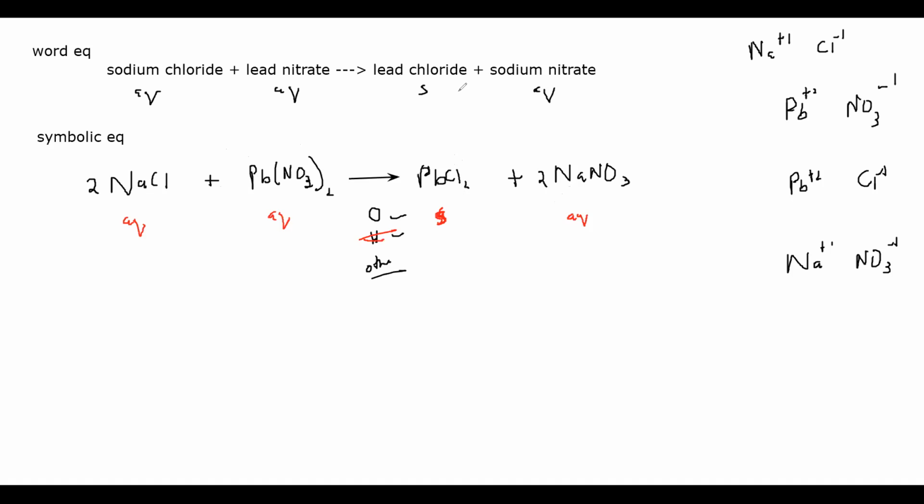Now, after writing a balanced symbolic equation, you have to write an ionic equation. And how to write an ionic equation?